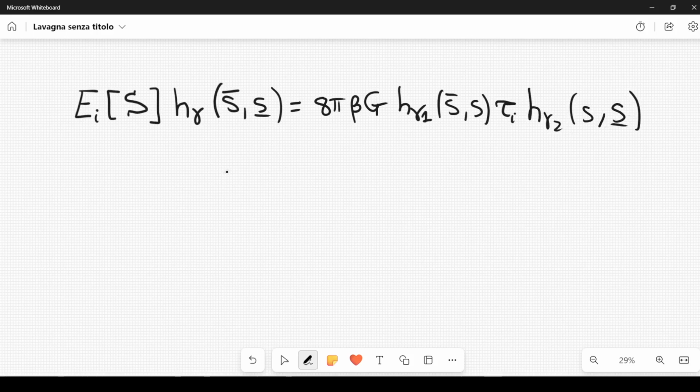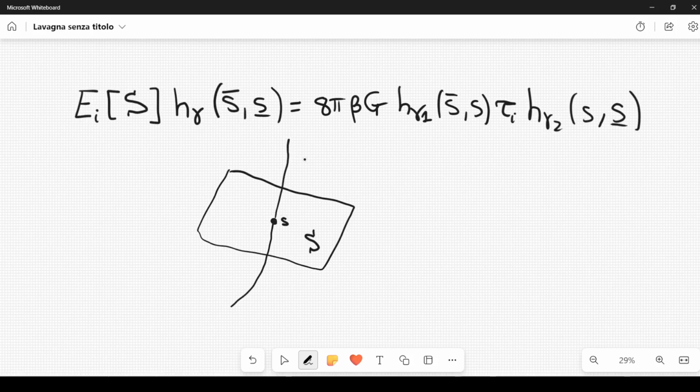and we considered a surface that we called S, and then we had a curve γ that intersected this surface at a certain point s, lowercase s, and then here we have the curve γ coming out of the surface.